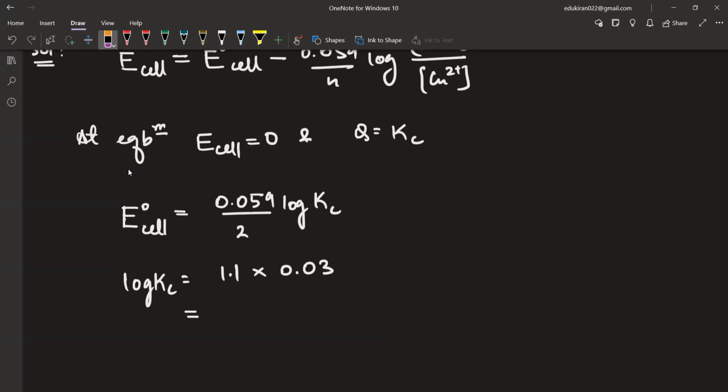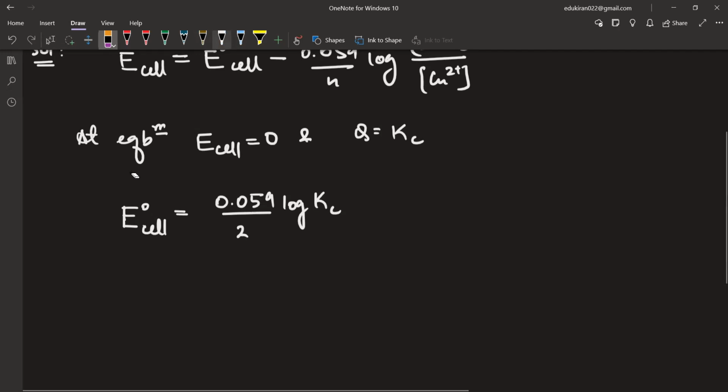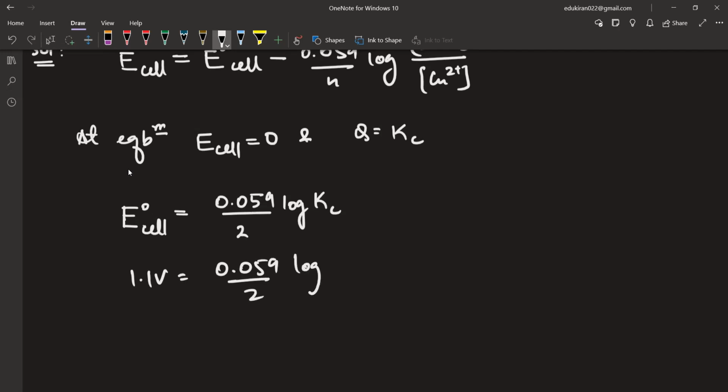E naught cell, see, it is written in the question. 1.1 volt will be equal to 0.059 over 2 into log Kc. So log Kc is equal to, no, it will be divided, 1.1 volts divided by 0.03, and this will be cancelling into 0.03. So calculate this. Tell me what is the value of log K.